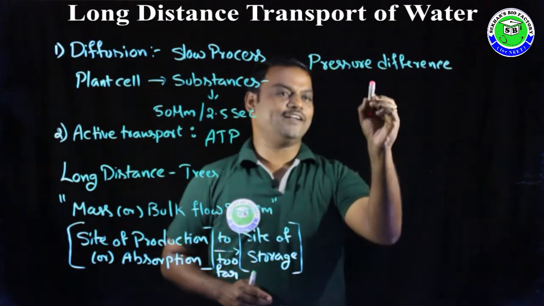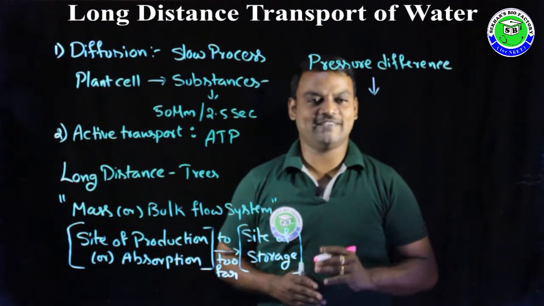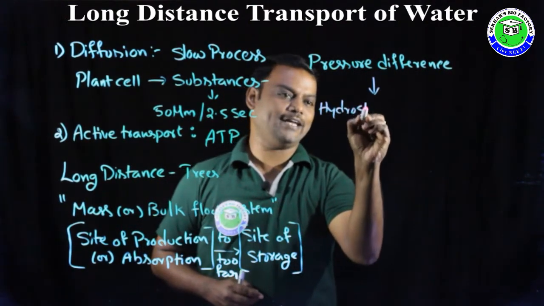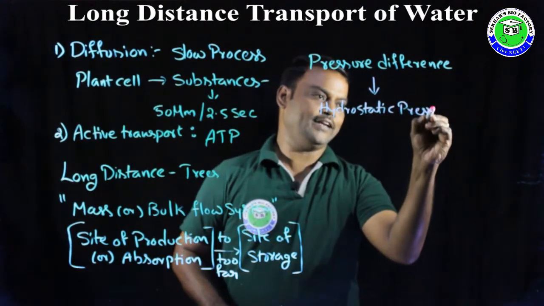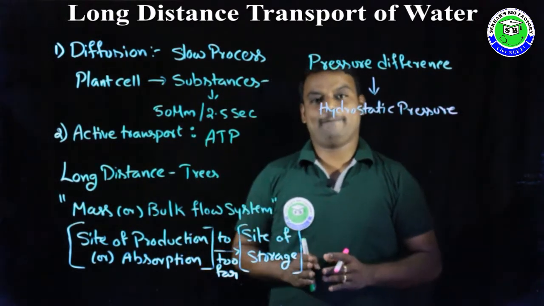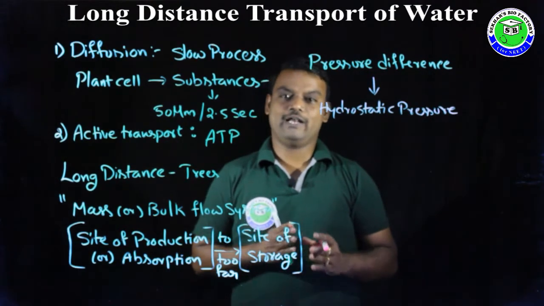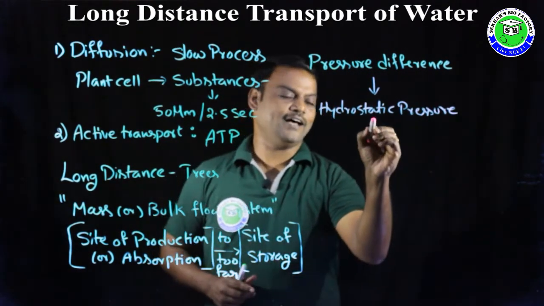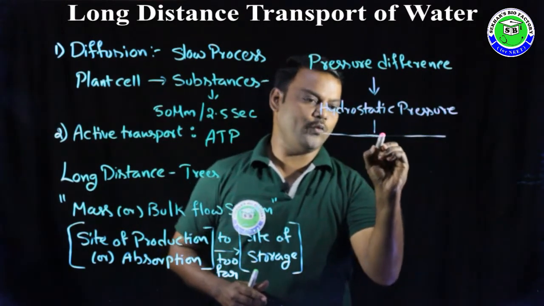The pressure difference present between these two points is referred to as hydrostatic pressure. It is called hydrostatic pressure, and this hydrostatic pressure is helpful for the transportation of water or different substances for long distance.